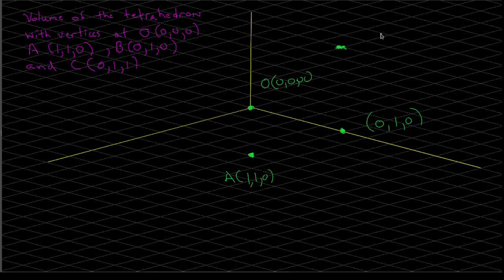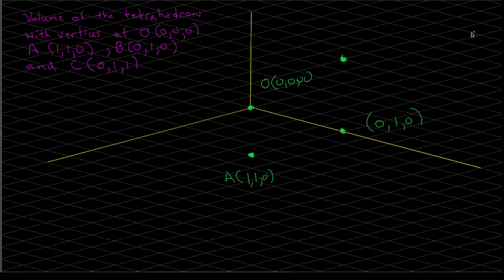So that is C. Oops, that's B at 0, 1, 0, or 0, 1, 1. So 1 in the height in z, 1, 2, 3, 4. Oh, I got it a little higher than I needed to. Sorry, there's 4. All right, 1, 2, 3, 4. Yep, we're over 4 there.